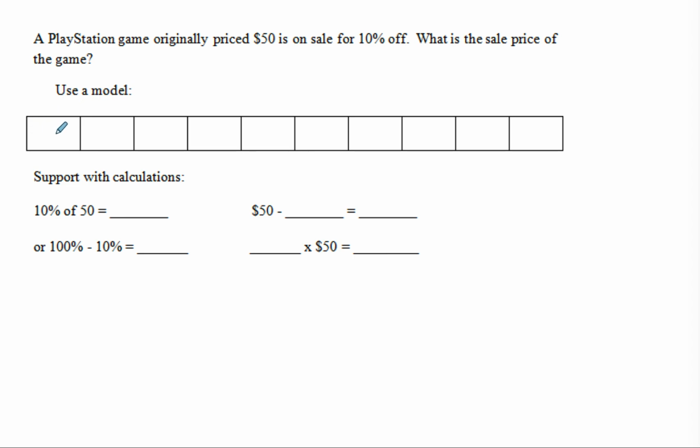So we're going to use the model. We've got 10 boxes again here, so each one is going to be 10%. I'm going to put my percent markings at the top here, so the whole bar is 100%. All right, so let's see.